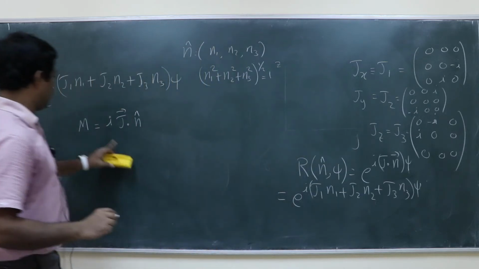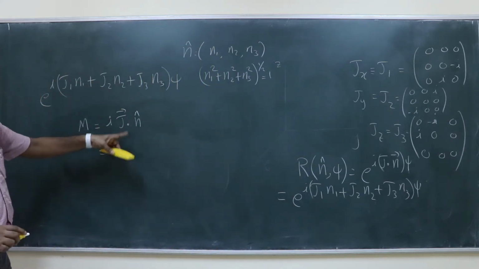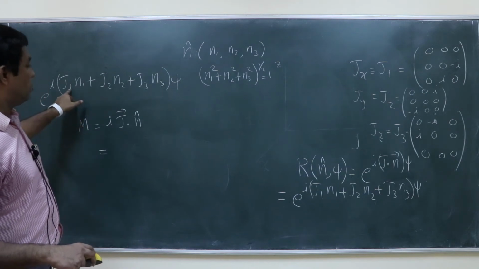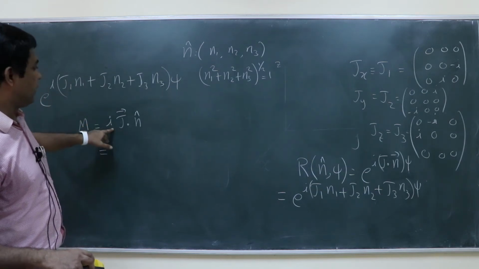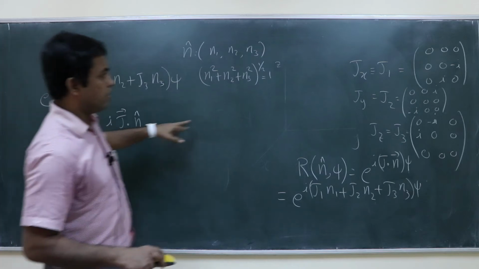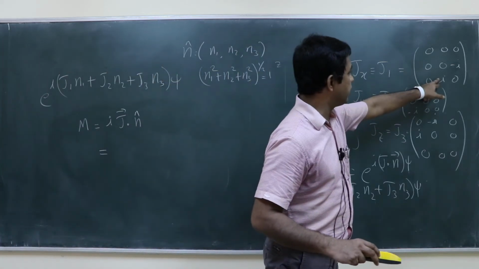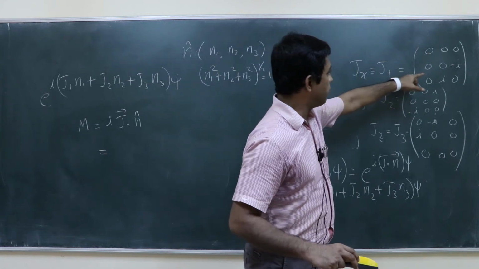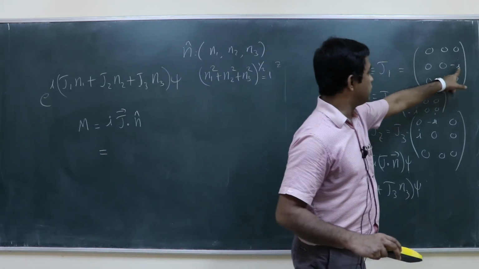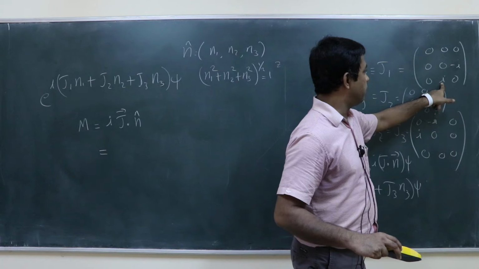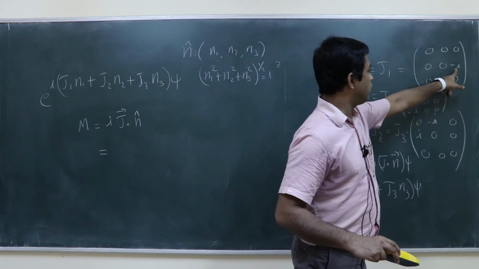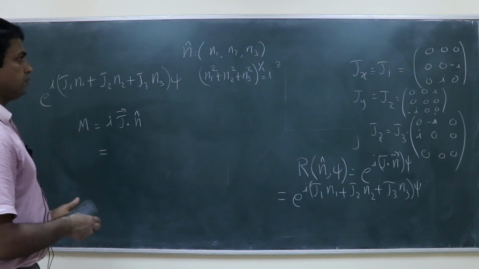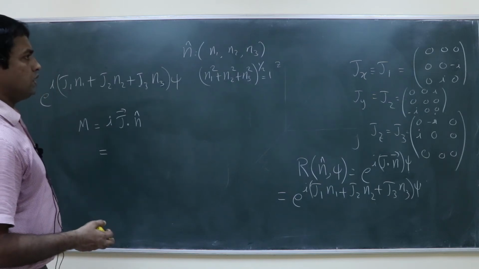So what is the matrix M, which is basically equal to i J dot n? What you have to do is take J1 n1, multiply with n1 and multiply with this i. The first entry multiplied by i becomes plus and this becomes minus, and this quantity will be plus 1 and minus 1.